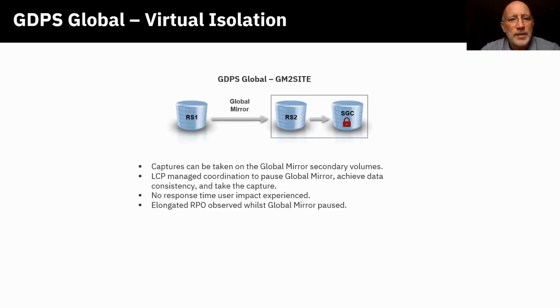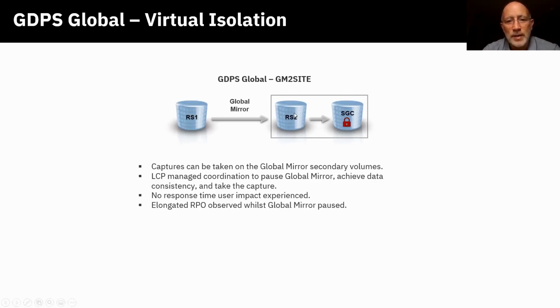Global mirror, again, today we only support virtual isolation on the global mirror secondary. So again, it could be safeguarded or it could be flash copy. But we do not support today, at least, virtual isolation on the GM primary. There isn't any response time impact to production, which is running on RS1 in a GM 2 site model.